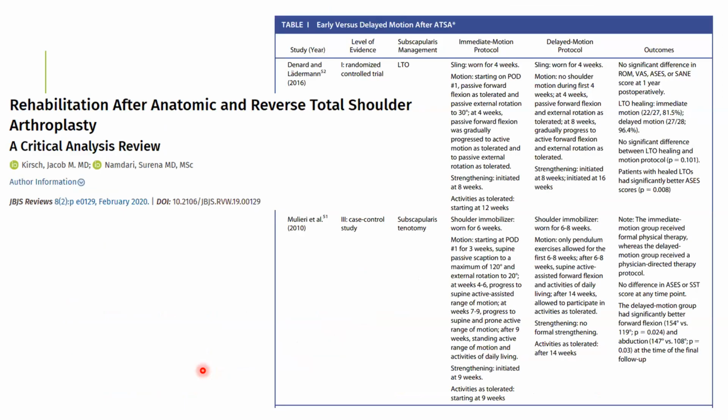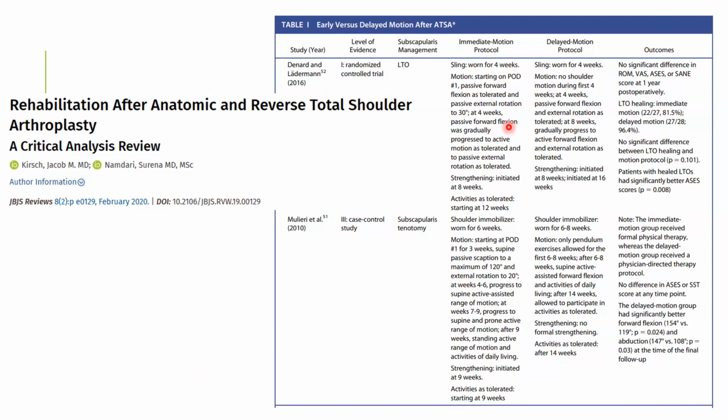And this is an article from 2020, where they did a critical analysis of reverse shoulder arthroplasty rehabilitation protocols, which is available on the net. They had two studies, one in 2010 and one in 2016. In these two, they had a delayed protocol as well as an immediate motion protocol.